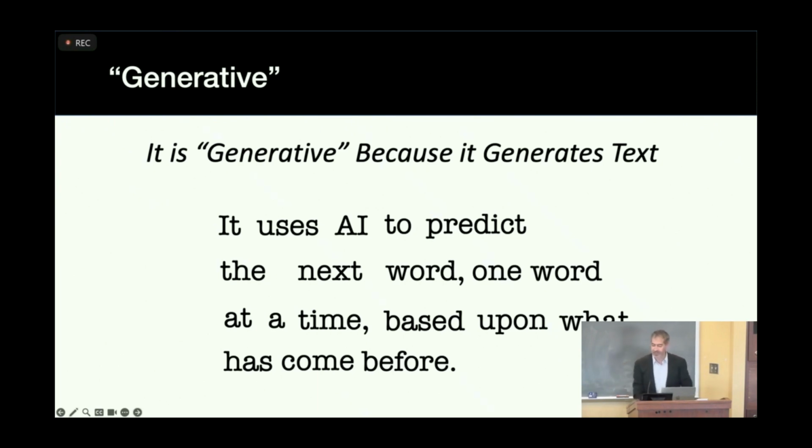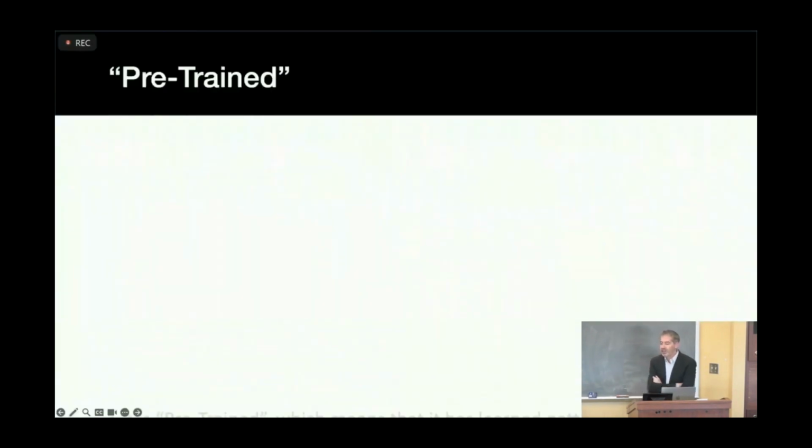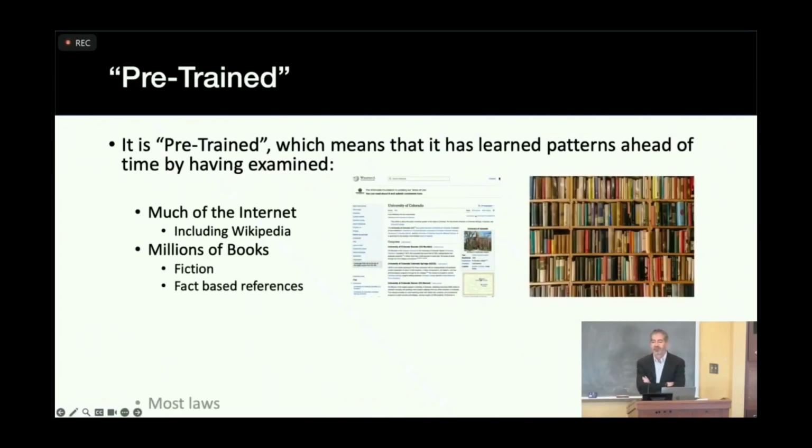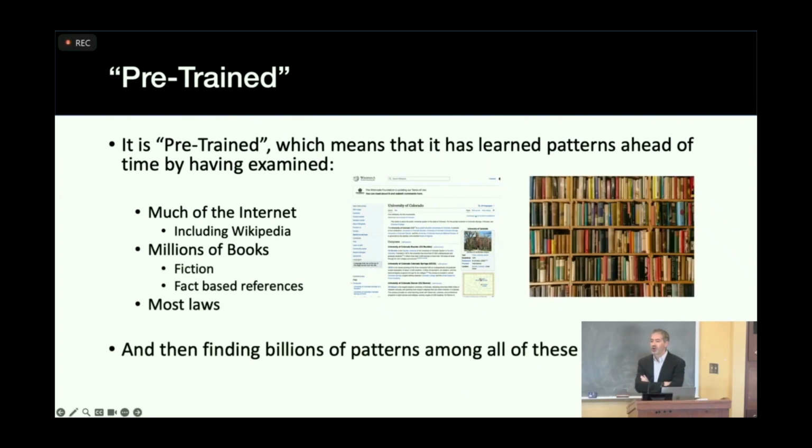It's generating text. Pre-trained, again, we'll talk about this, but this is one of the magic keys of GPT. Pre-trained means they took basically a huge portion of the internet, and they took tons of actual books, most of the laws, and they took this algorithm and set it loose on vast quantities of text, and it learned huge numbers of patterns about reasoning and how language works.